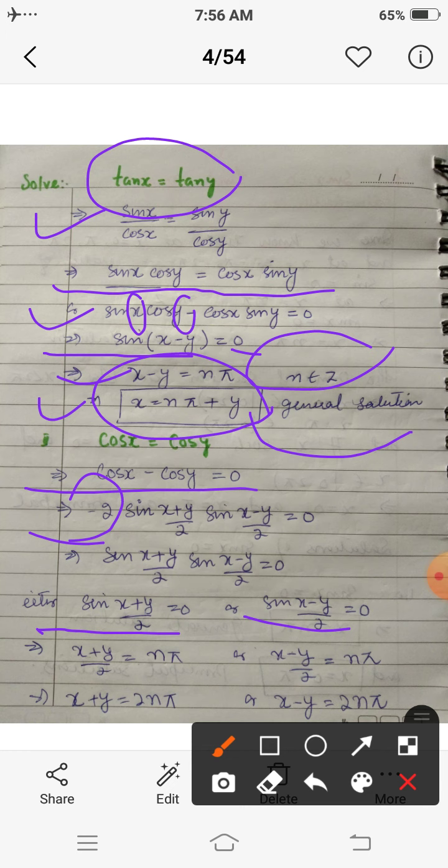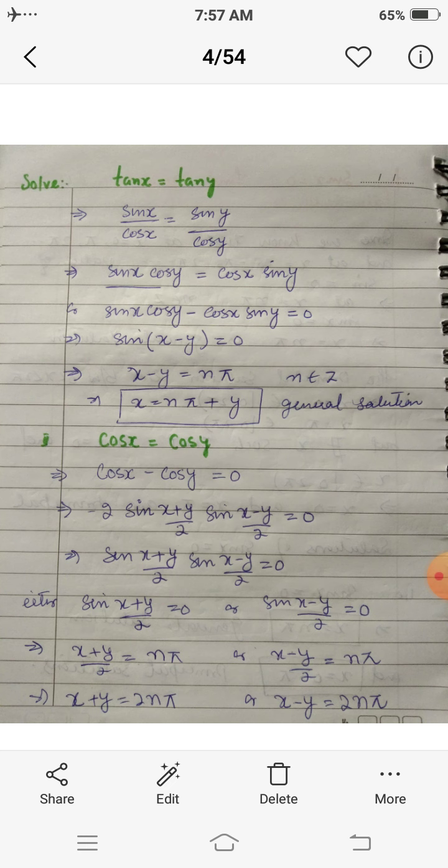When sin((x plus y)/2) is 0, this implies that the angle (x plus y)/2 is n pi, because sine is 0 only at n pi. Or when sin((x minus y)/2) is 0, it implies that (x minus y)/2 is n pi. By cross multiplication, x plus y equals 2n pi, x minus y equals 2n pi.